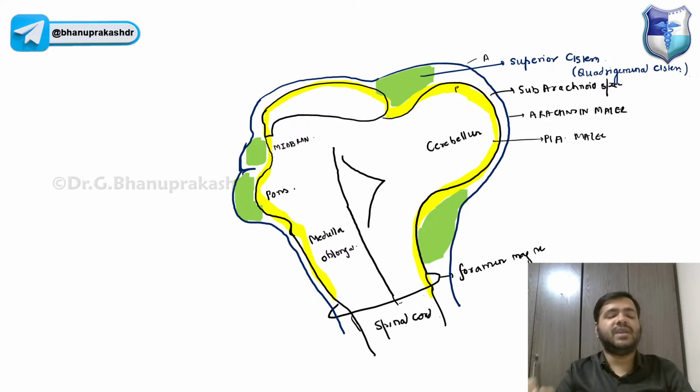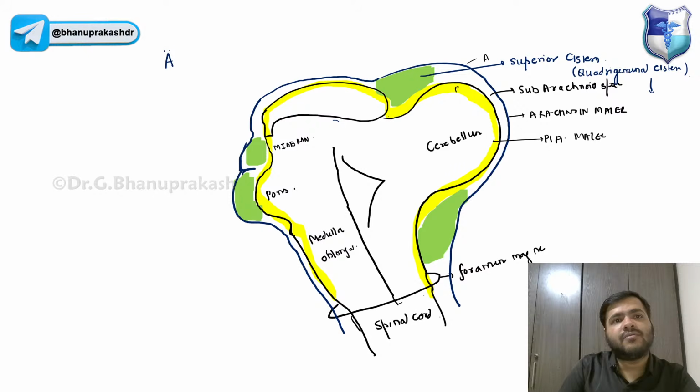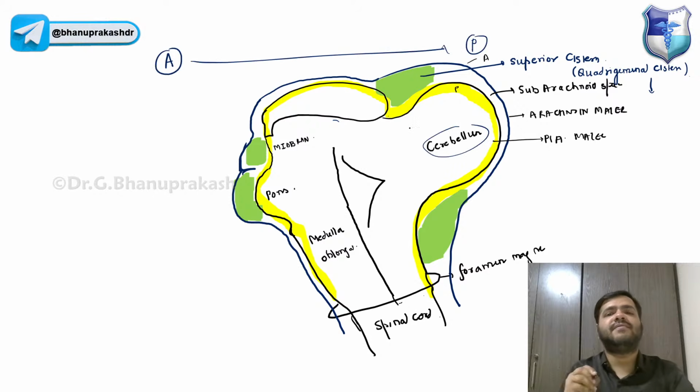Now we have discussed the midbrain, guys. Let us understand what this cistern is. On the posterior side of the midbrain, it is going from anterior to posterior like this, because behind we have the cerebellum.